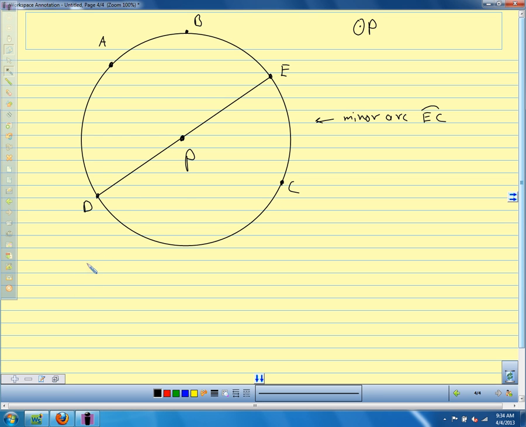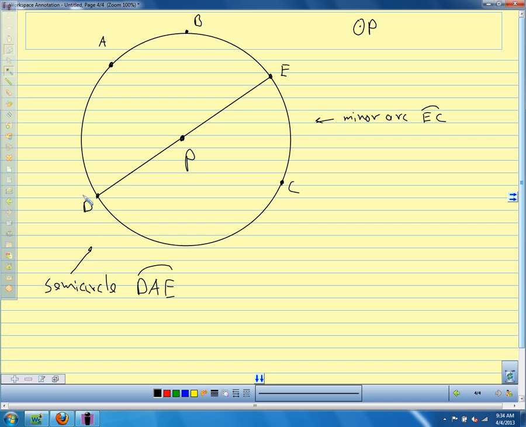We can talk about a couple of semicircles. Semicircle DAE. So I start at one end of the diameter and go to the other end.